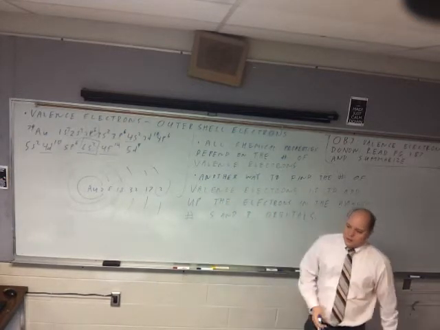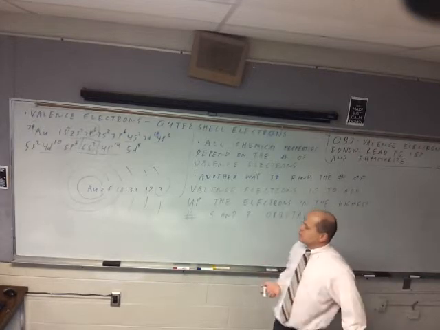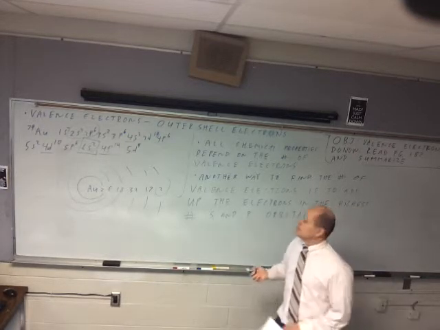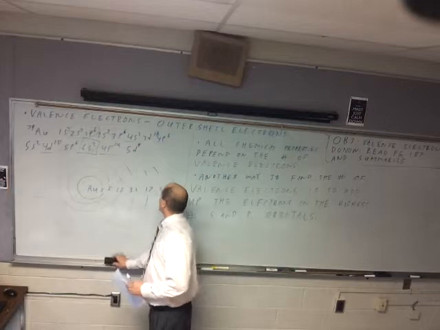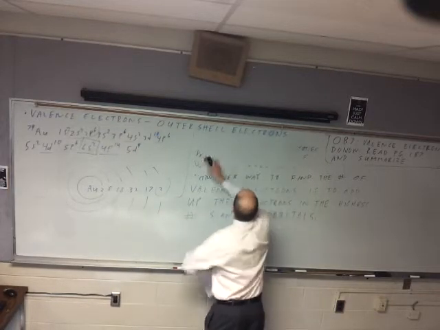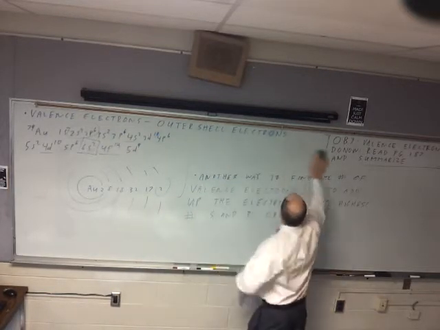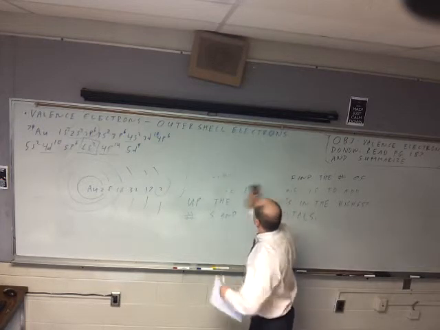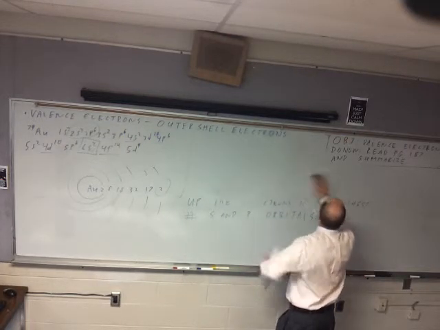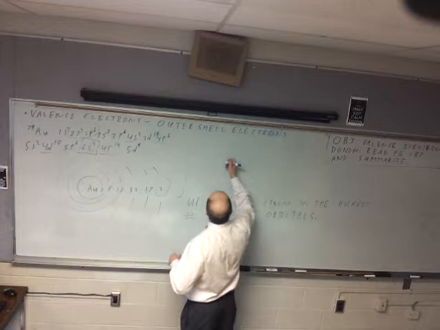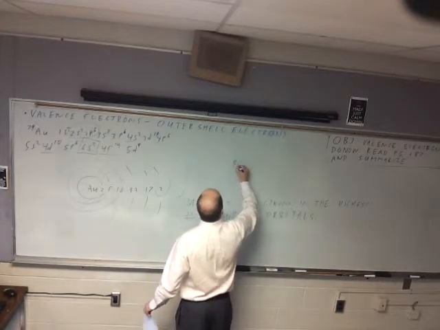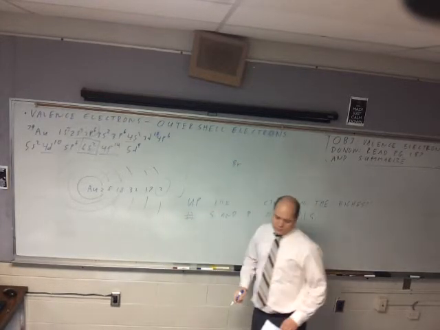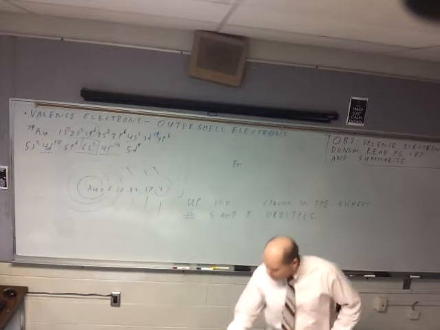Now, it's kind of unfortunate that I gave you 2 examples of the same number of valence electrons. So let's do one more. What about bromine? That's a good choice. Bromine's 35, right?